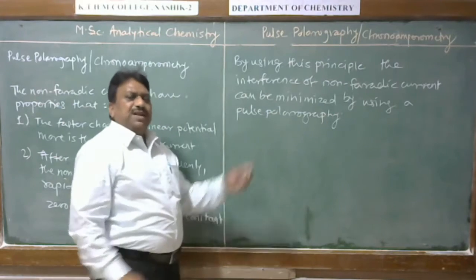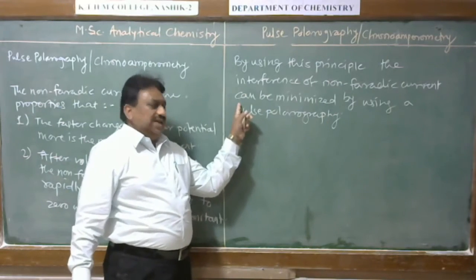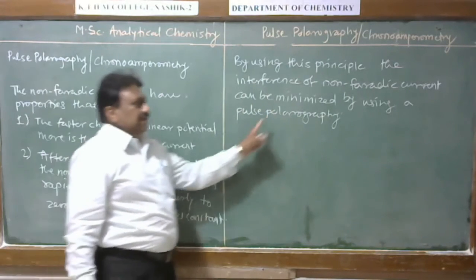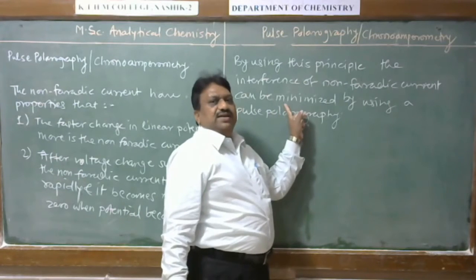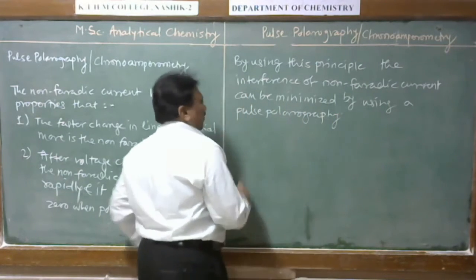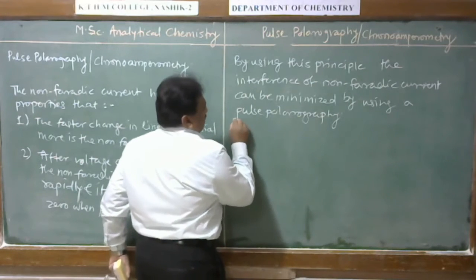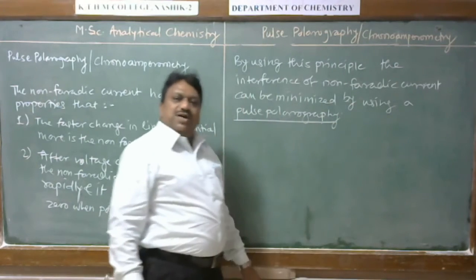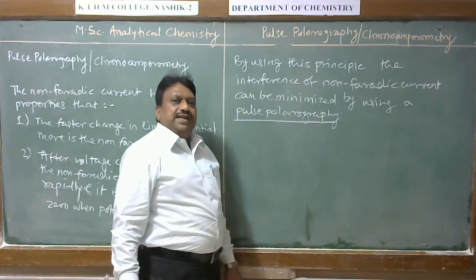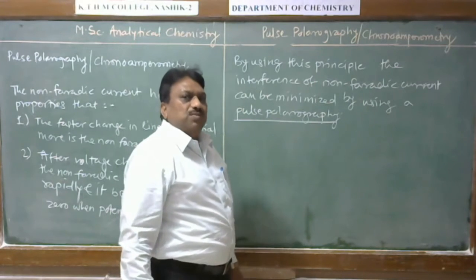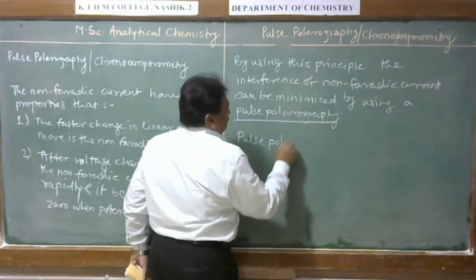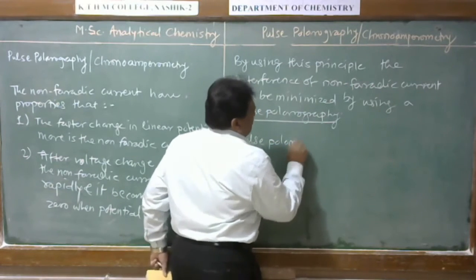That means if we apply a potential pulse to the working electrode, we can minimize the interference of the non-faradic current associated with charging of the mercury drop. Therefore, with application of a pulse to the working electrode, if we carry out the measurement of current, then that technique is called pulse polarography, or pulse voltammetry.